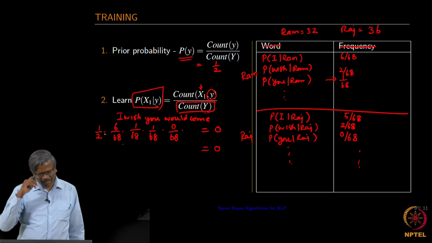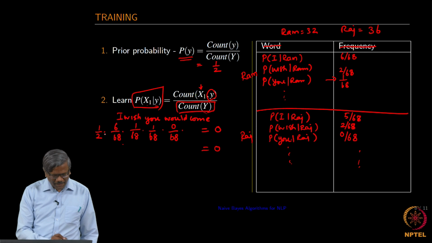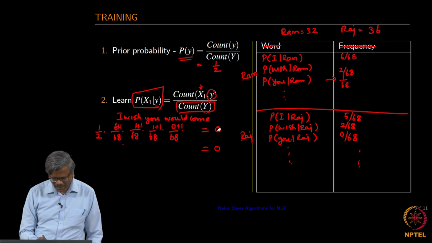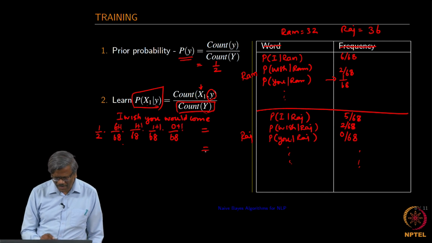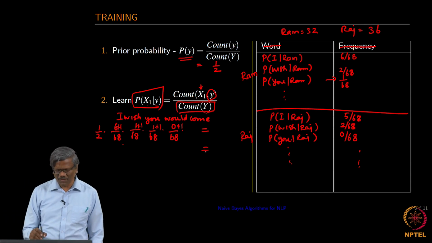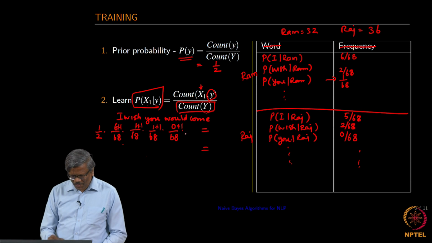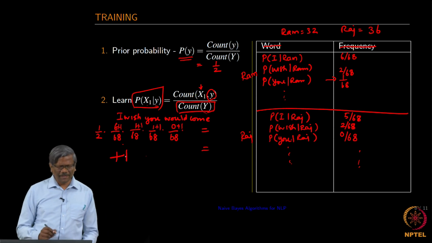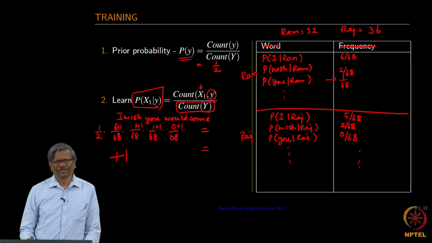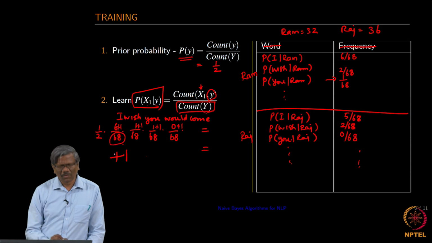So in this case, instead of 6, we will add 1 here, 1 here, 1 here, and so on. So when you do that, it's not going to become 0. So we will always have some value associated with that. So the most important thing is add 1, this plus 1. So for every word count, you add 1 to that, but don't change the count at the bottom.